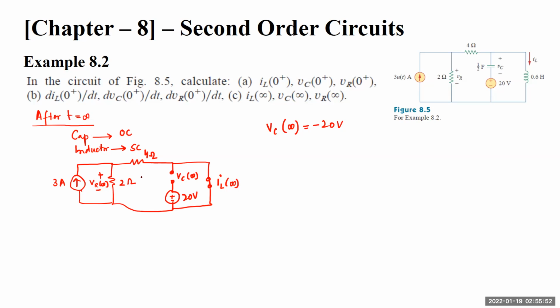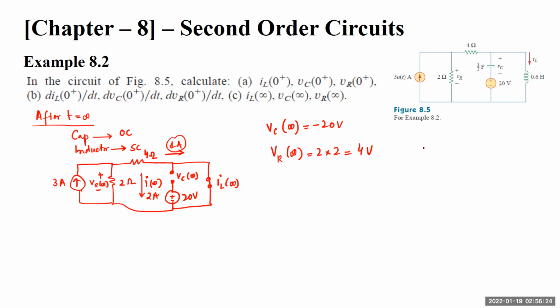What will be the voltage across this 2 ohm? If we can find I infinity, by the current division rule, there is a 4 ohm path and a 2 ohm path. So 2 ampere will be flowing here, and 1 ampere will be flowing here. This 2 ampere multiplied by 2 ohms will be 4 volts.